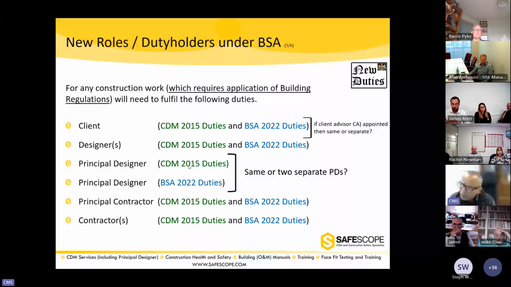Are we saying the same way there will be a separate client advisor sitting alongside the client, helping them look after the Building Safety Act side of things? Perhaps, yes, that could be the answer. Same person? I don't know the answer. There could be two people sitting if one cannot manage both aspects. Again, it opens up a Pandora's box and a lot of different questions.